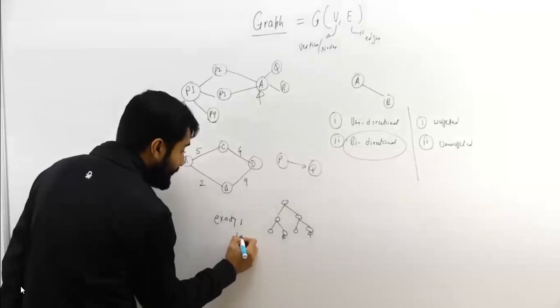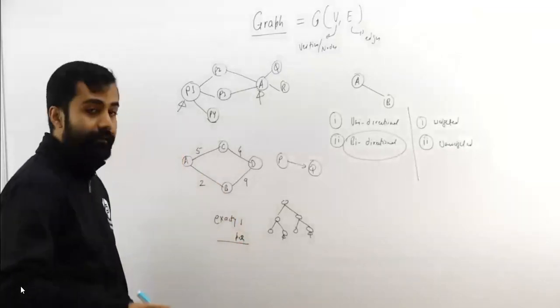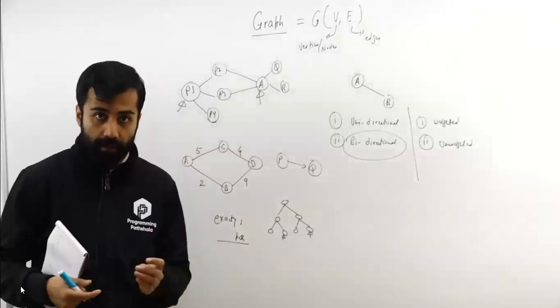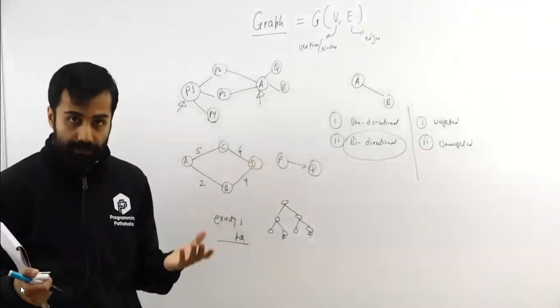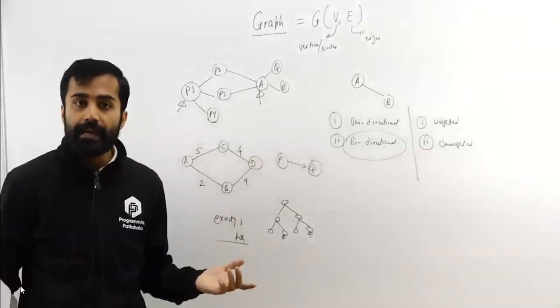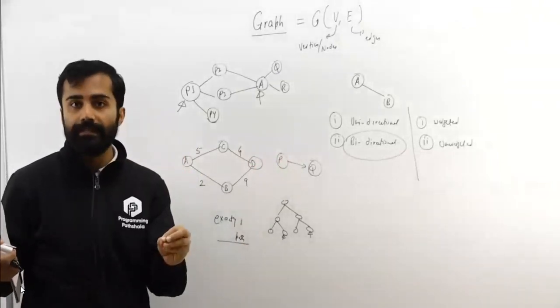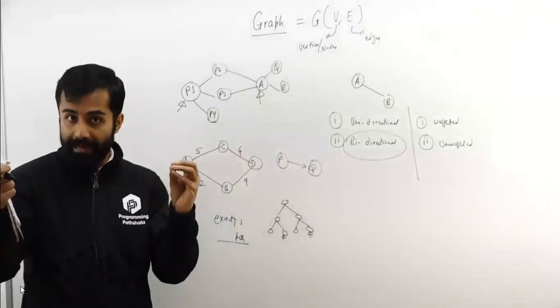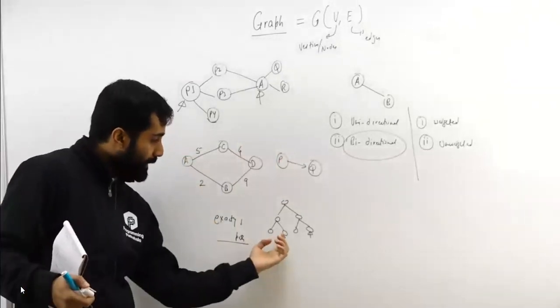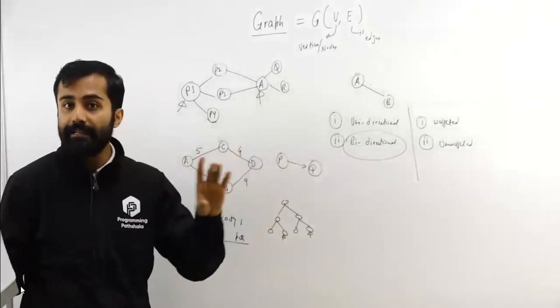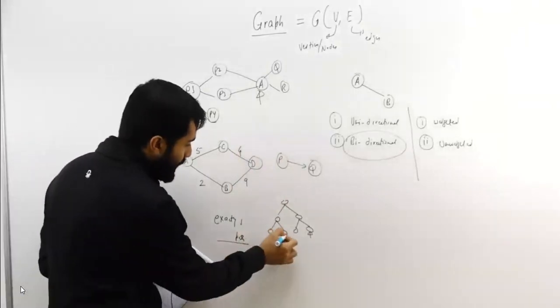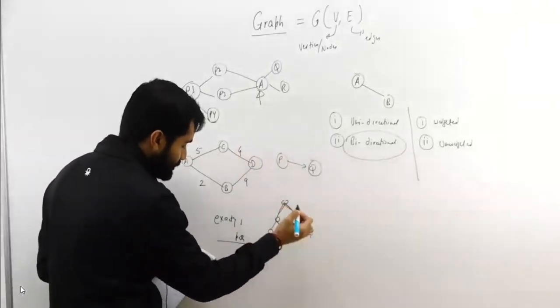I had explained in a very detailed manner why it will be so: in a tree there are no cycles, and because there are no cycles, there has to be only one path. Because the moment you see two paths connecting a particular pair of nodes, it means that there must have been a cycle. So here that path, for instance, is this.